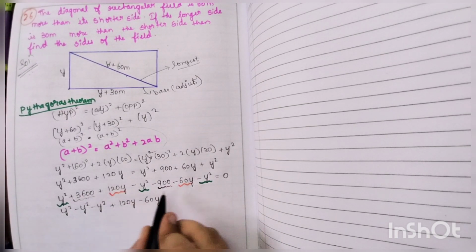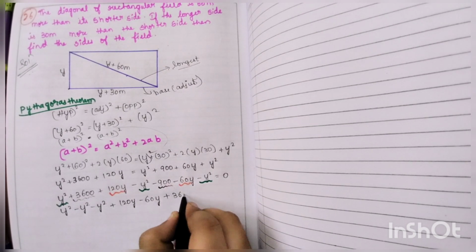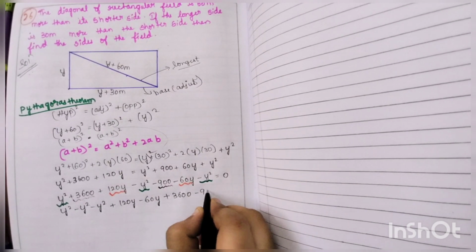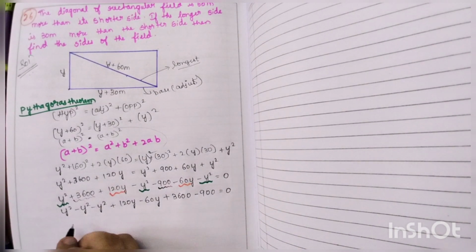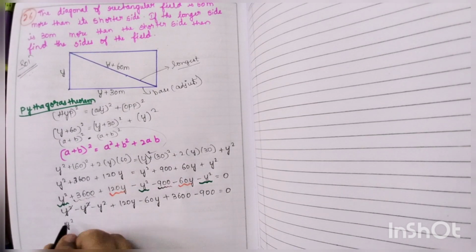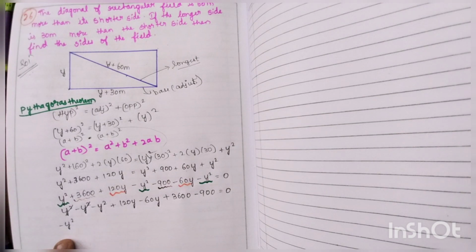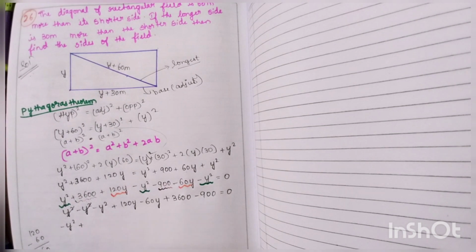Now the last one is this and this, so plus 3600 minus 900 is equal to 0. So now we know that y square, this plus and minus will get cancelled, so minus y square will remain, then plus 120 minus 60 we will get 60, correct?